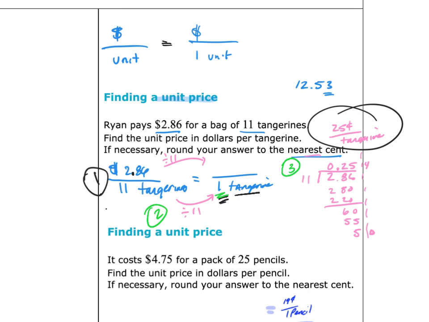And pay attention, so you got to be careful. You got to make sure you know what your original units are, and pay attention to what they're asking you for: price in dollars per tangerine. You got to pay attention to what they want you to round it to. So you've got to be careful.